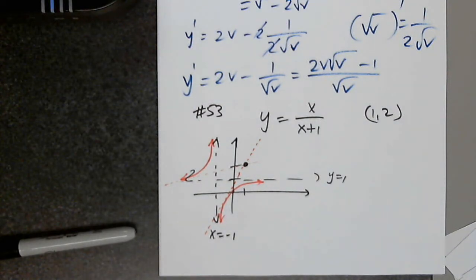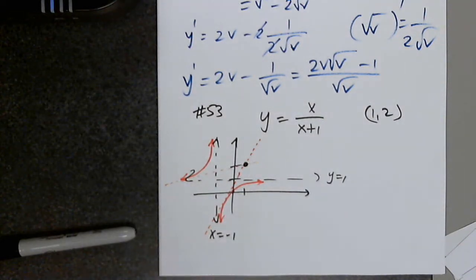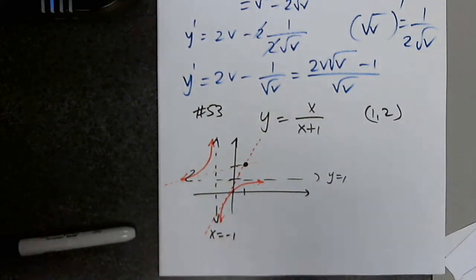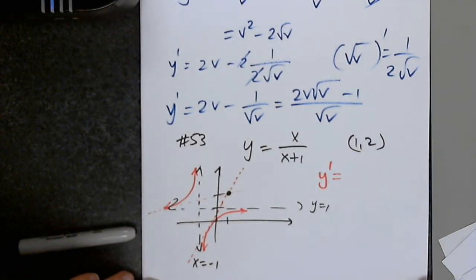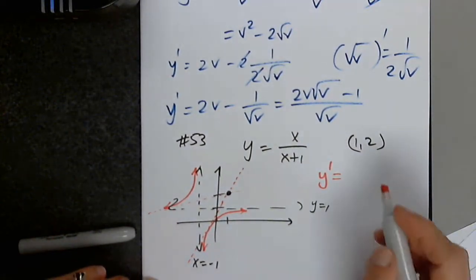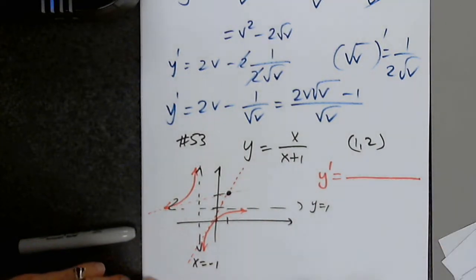So what do I have to find? Yes, I have to find y prime. Here I have no choice. I have to use the quotient rule. Again, it's up to you, the way you like it.